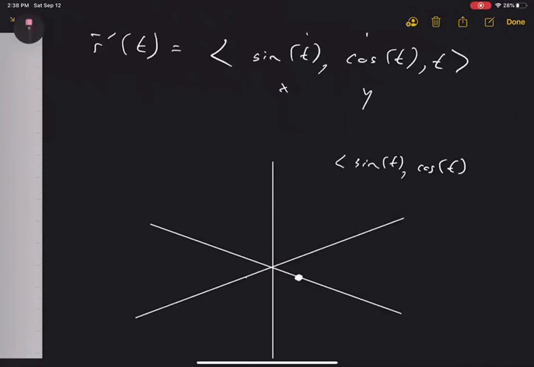Because my function is sine, cosine of t. But then when t equals 1, well, I'd be here kind of in the xy plane, but I'd be up 1 in the z direction. So I'd be here. And then when t equals, wow, no, I'd be up pi over 2, right? Further. Right. So when t is pi, where would I be? Well, I'd be at this point, on the axis horizontally, but then I'd be up a distance of pi.